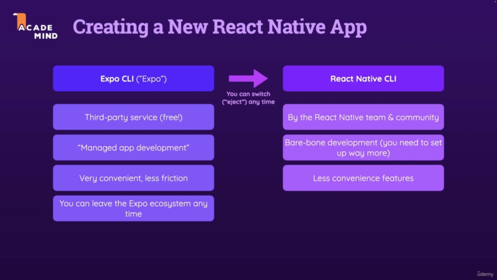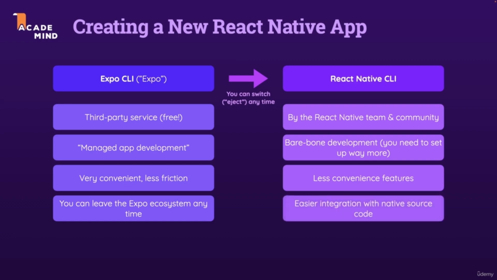Now, what the pure React Native workflow does have, though, is that it is often a bit easier to integrate with native source code, so with source code written in Java or Objective-C or Swift or Kotlin. So if you must mix JavaScript code and native device source code, then using just the React Native CLI could be beneficial.